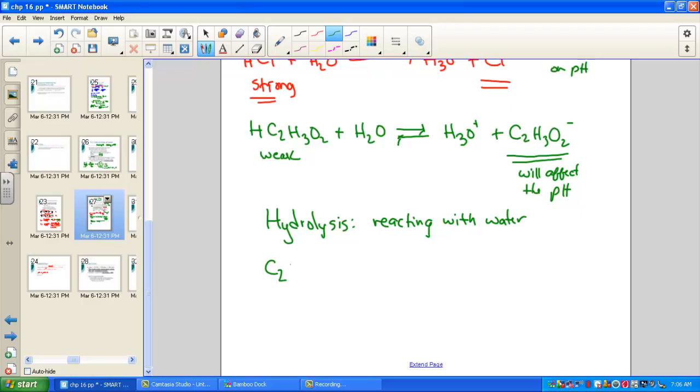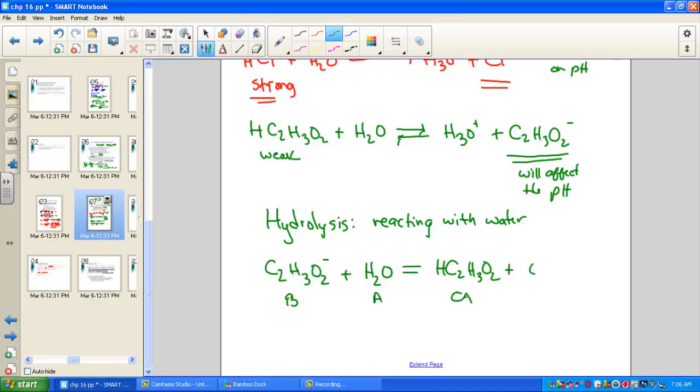If we consider C2H3O2 negative undergoing the process of hydrolysis, adding water, it is going to form its conjugate acid. Now remember, this right here we labeled as a base. It's the conjugate base.